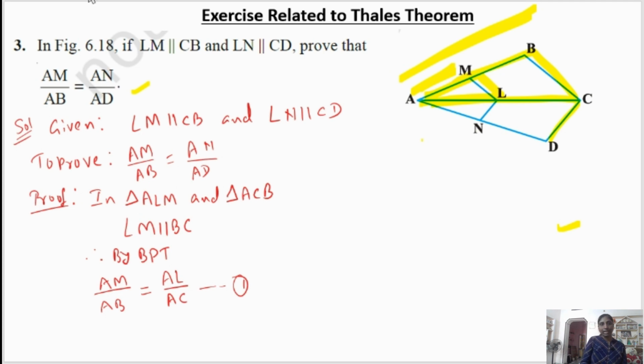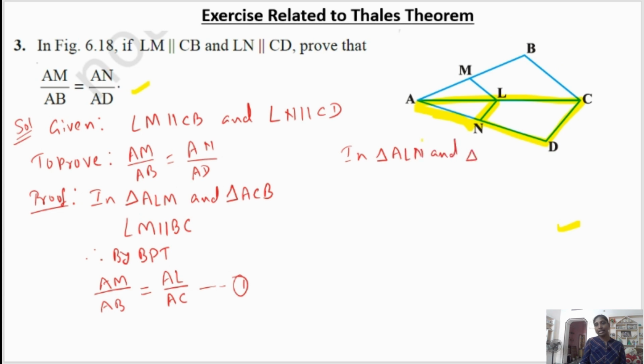Now again it is given that LN is parallel to CD. So this time we will take these two triangles. It means in triangle ALN and in triangle ACD.